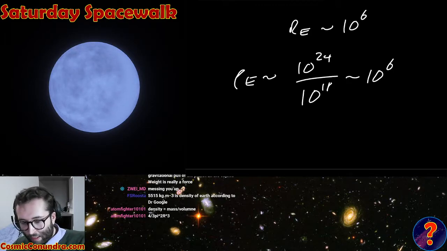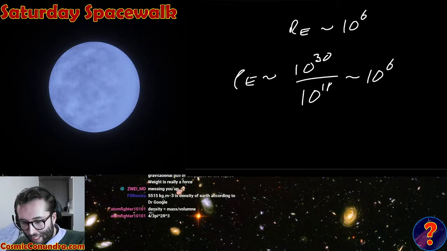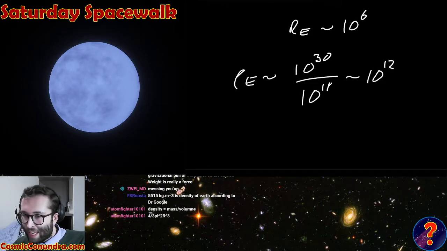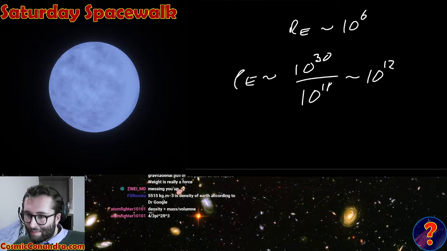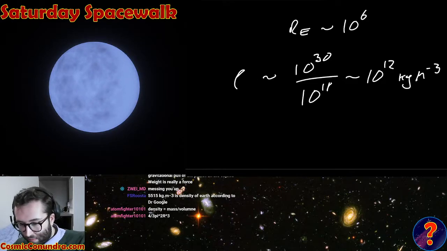Okay. So we got the mass of the sun squashed down into the volume of an Earth. So that's 10 to the 30 over 10 to the 18, so order of magnitude 10 to the 12 kilograms per meter cubed for a white dwarf.